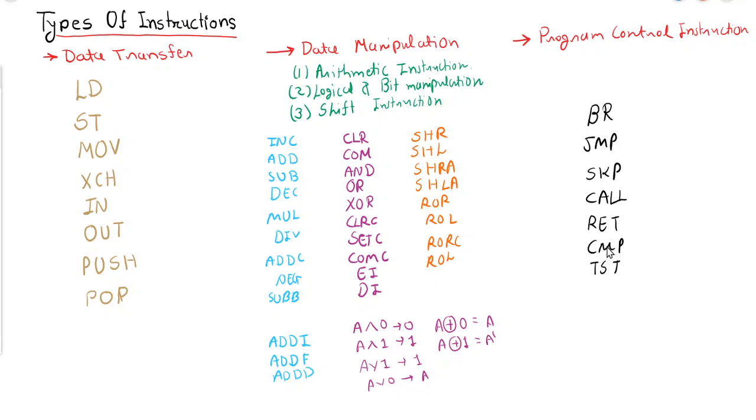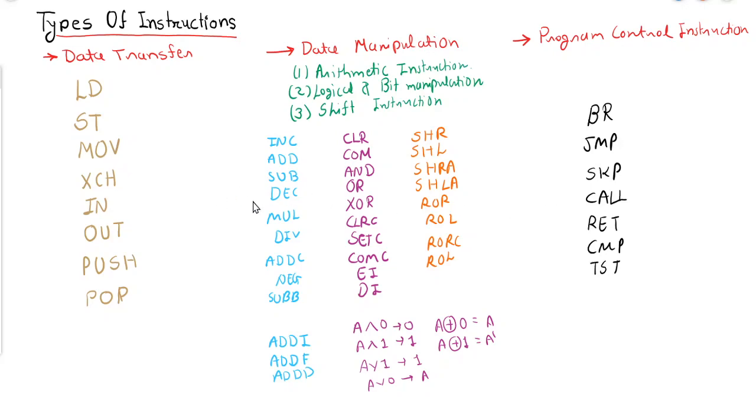For example, in the test instruction, a logical AND of the two operands will be performed, and based on the result, certain status bits will be set. So in compare and test, there will be only execution, and those instructions will set certain flags. The result will not be retained in the accumulator. So this is how these instructions will be helpful.